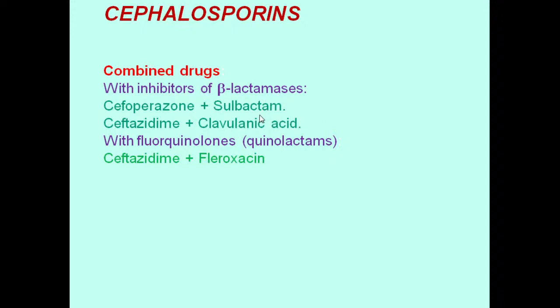Clavams inhibit both penicillinase and cephalosporinases. And one more combination: ceftazidime, third generation, plus one of the fluoroquinolones. This combination, ceftazidime plus a fluoroquinolone, is also very effective.